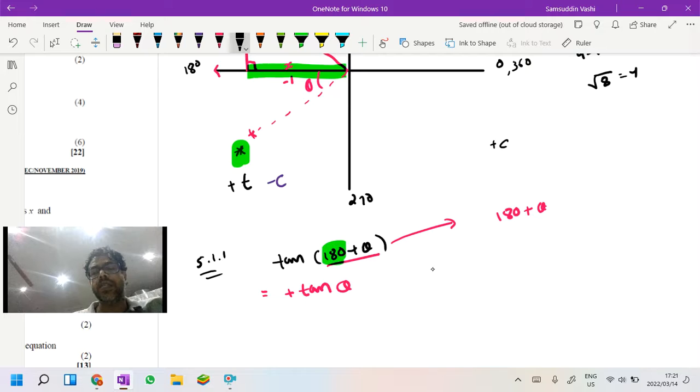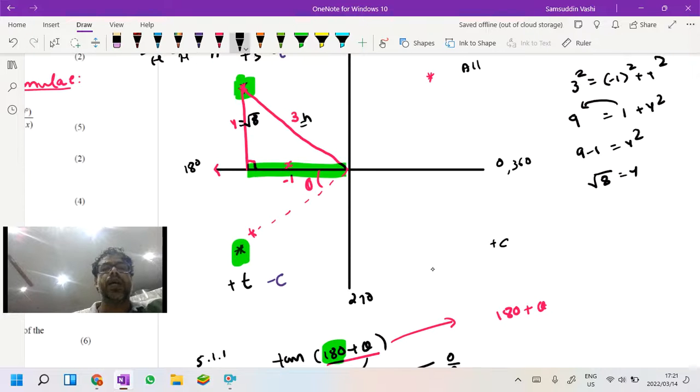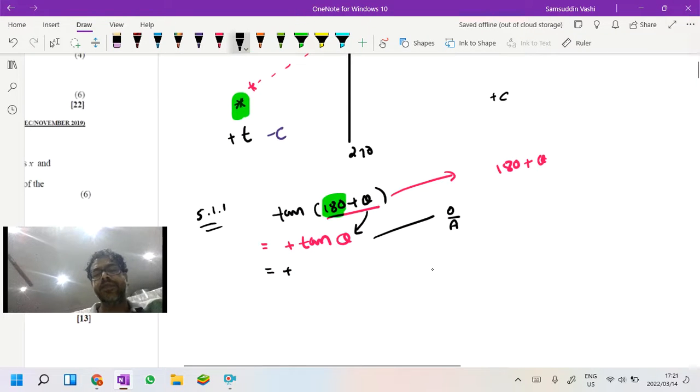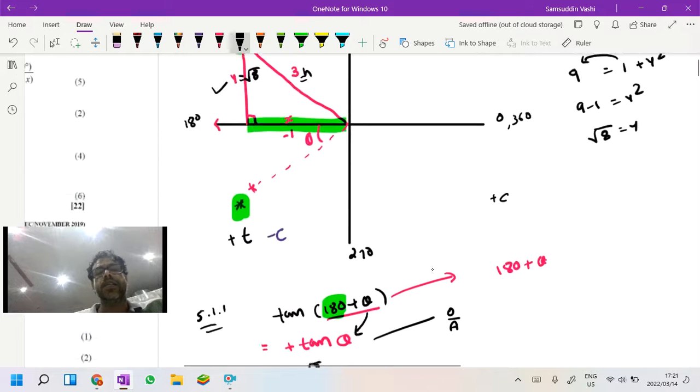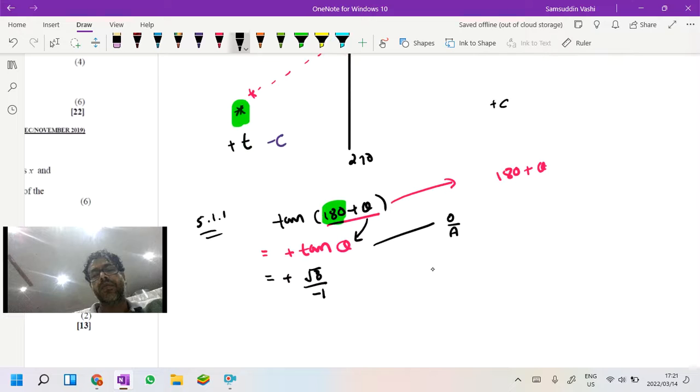Only tan theta remains. Once I have tan theta, I will use the definition of tan theta, which is opposite over adjacent. Go to the diagram. My opposite is √8 and adjacent is -1. It's done.